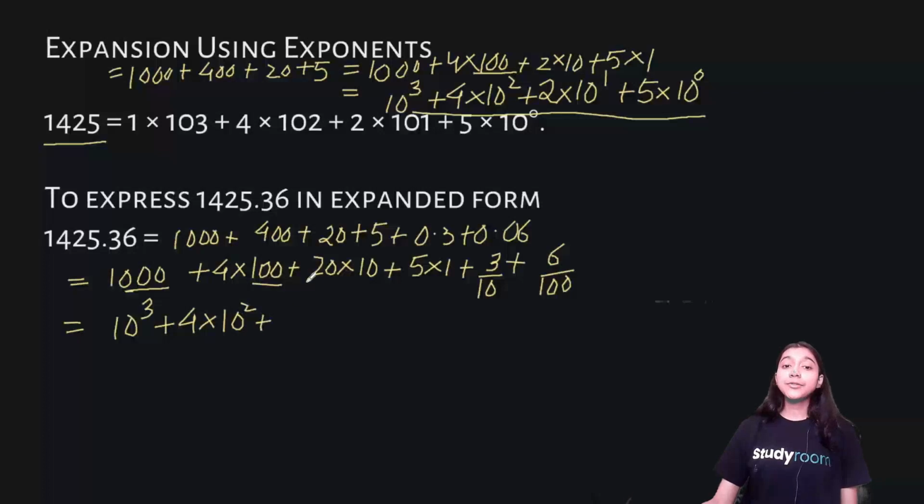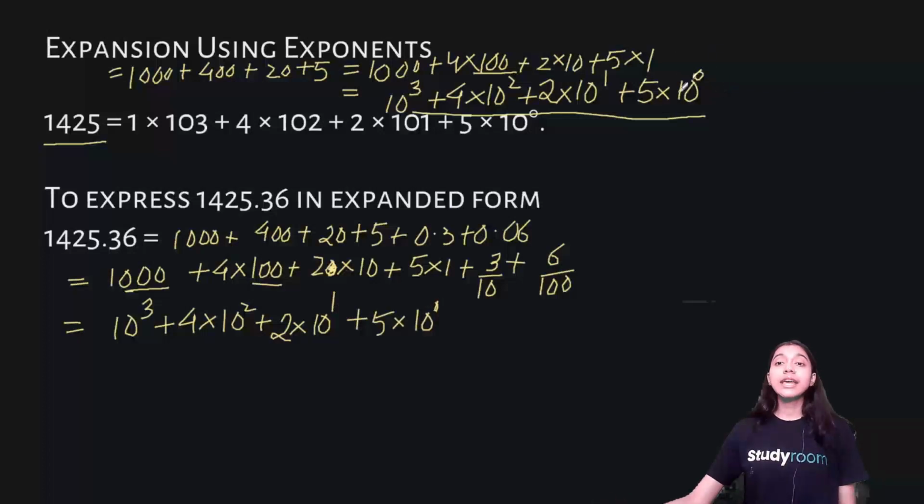Now we had 20, so it will be 2 multiplied with 10, which is 2 multiplied with 10 to the power of 1. Plus, we have 5 multiplied with 1. This can be written as 5 multiplied with 10 to the power 0, because as I taught you in the previous question, anything to the power 0 gives us 1.